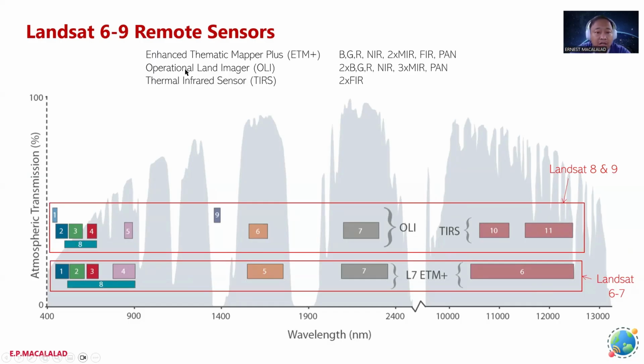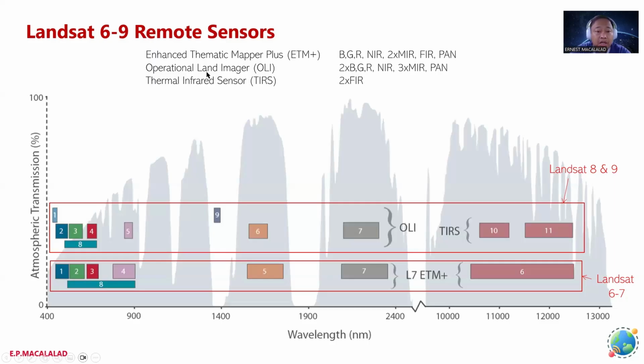There are several types of payloads or sensors. Of course, you have the Enhanced Thematic Mapper Plus, which is for Landsat 6 and 7. Landsat 8 and 9 has two separate imagers or sensors.